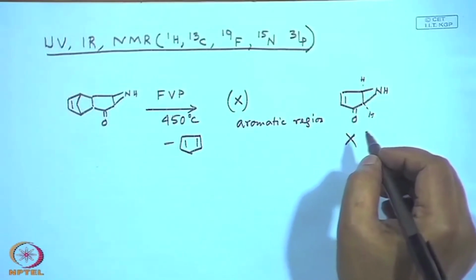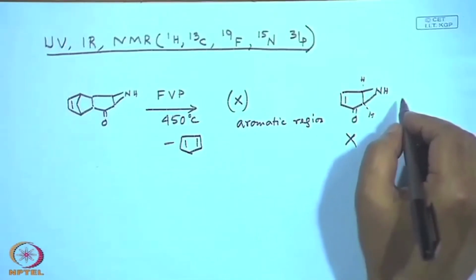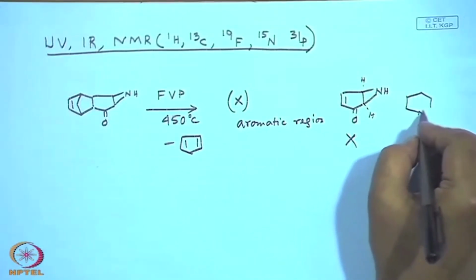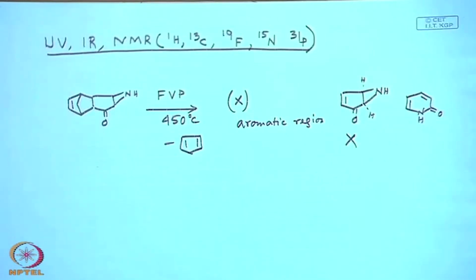I will give you the structure straight away without spending much time. The structure is 2-pyridone. It is a special kind of pericyclic reaction, pi 2a, pi 2a, pi 2s.